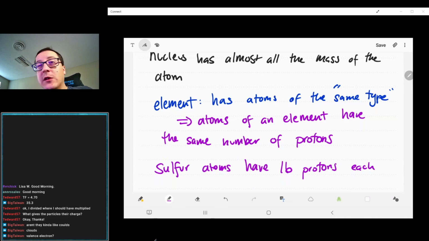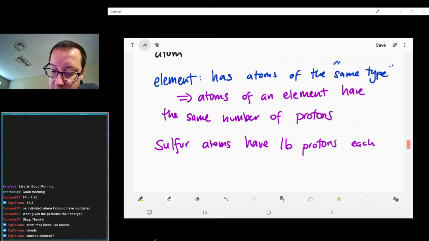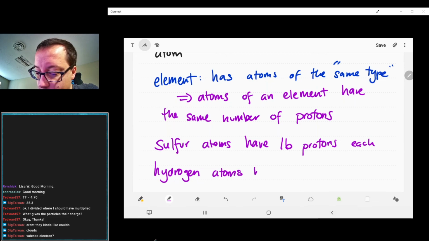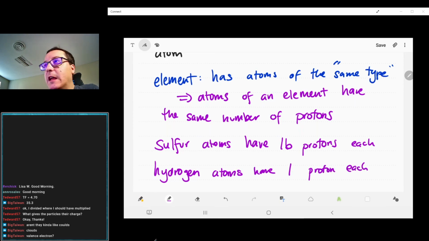As soon as that number is not 16, you have a different element. If it's going to be sulfur, it has to have 16 protons. Another example: a hydrogen atom will have 1 proton. Not more, not less. It must have 1 proton.